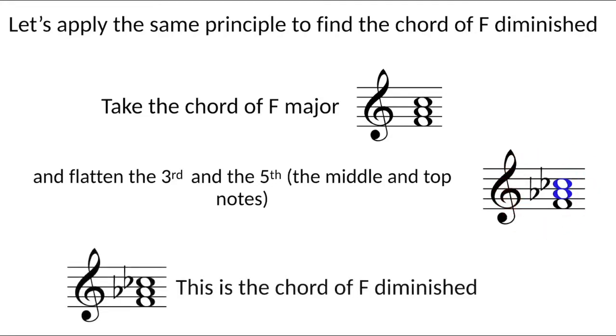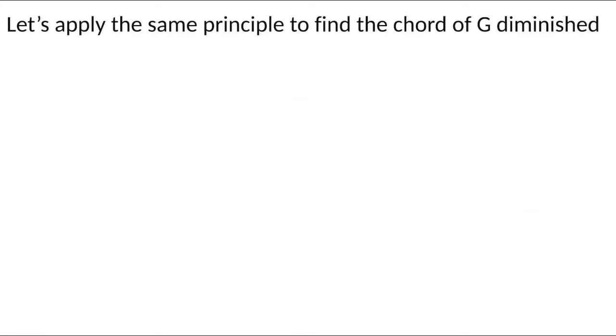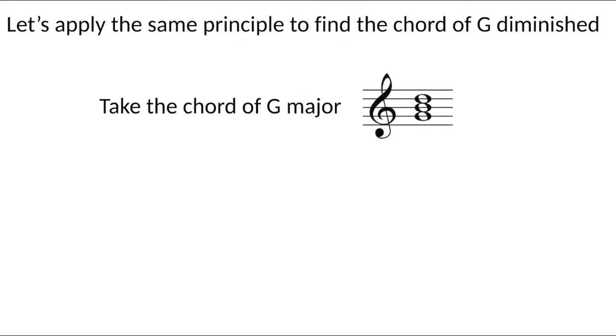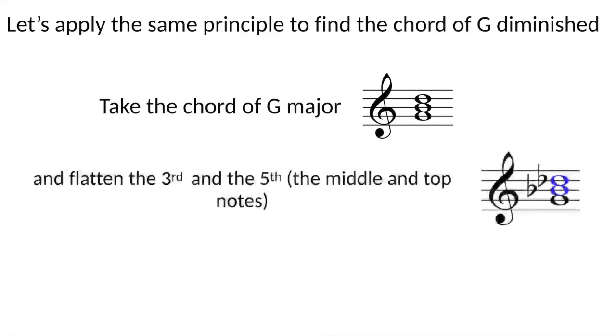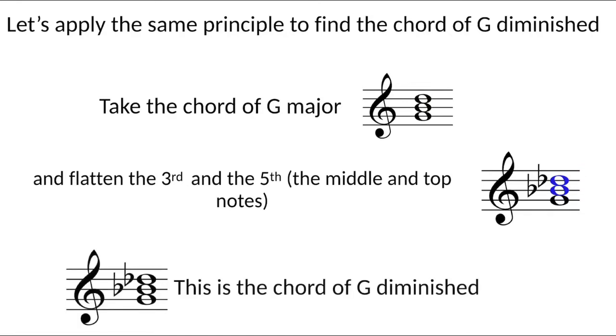And that gives us the chord of F diminished. Same principle again to find G diminished. Start off from G major. We're looking at the third and the fifth, and we're going to flatten each of those notes. And that gives us the chord of G diminished.